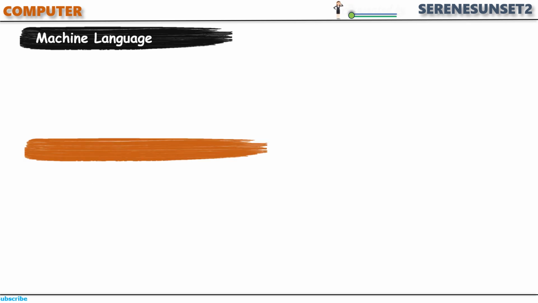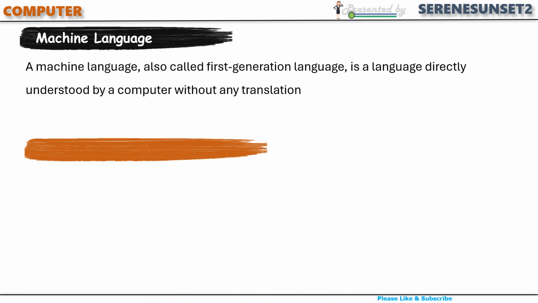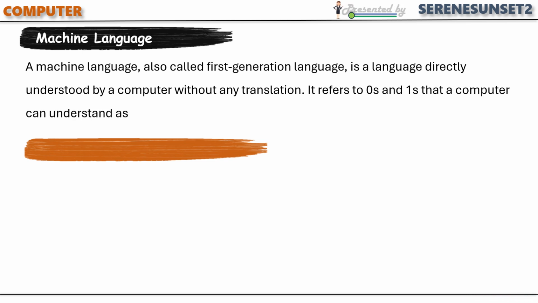Machine language. A machine language, also called first generation language, is a language directly understood by a computer without any translation. It refers to zeros and ones that a computer can understand as instructions.